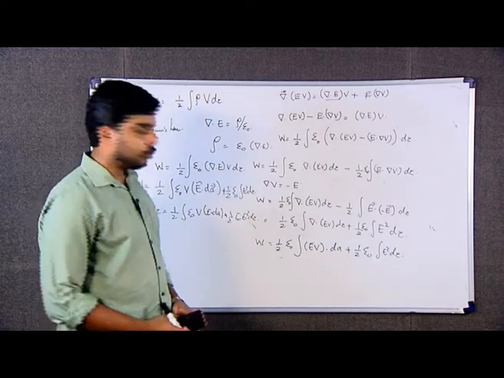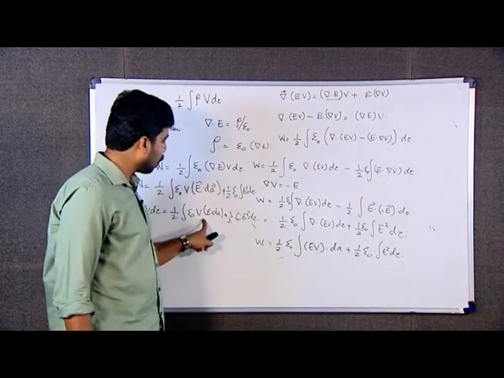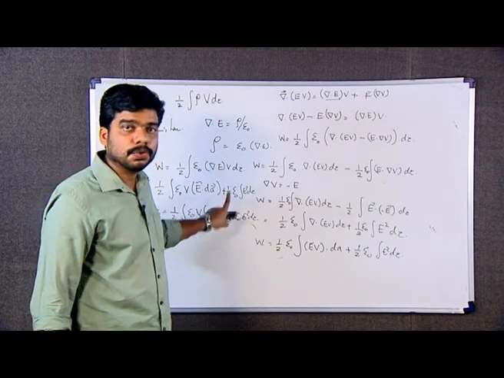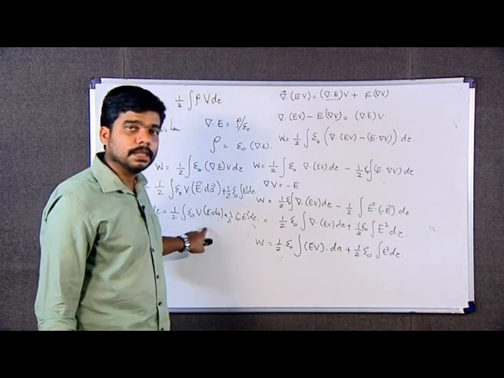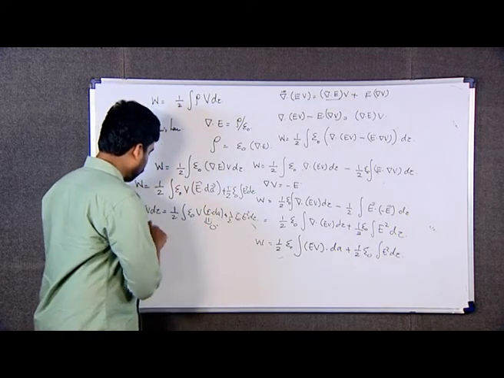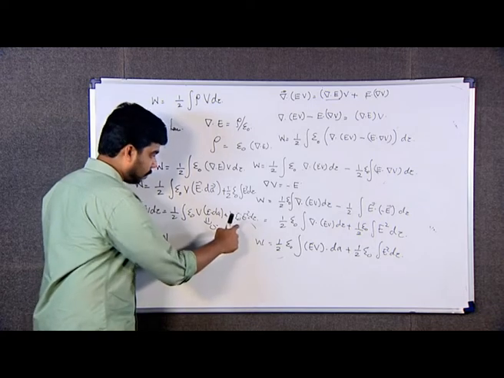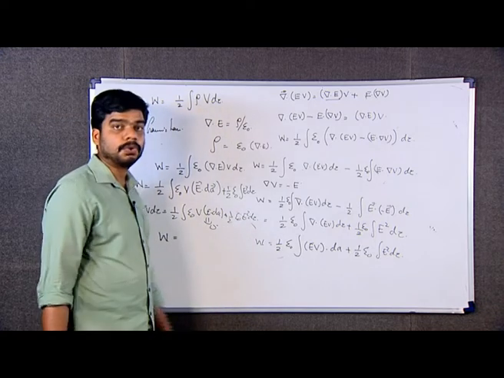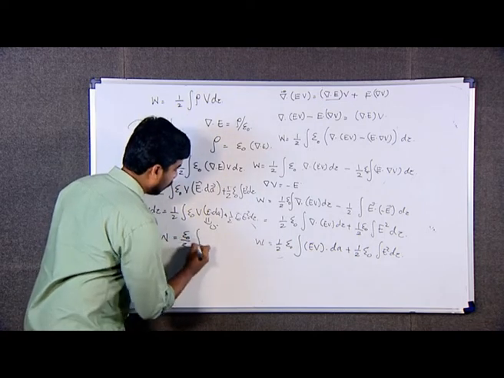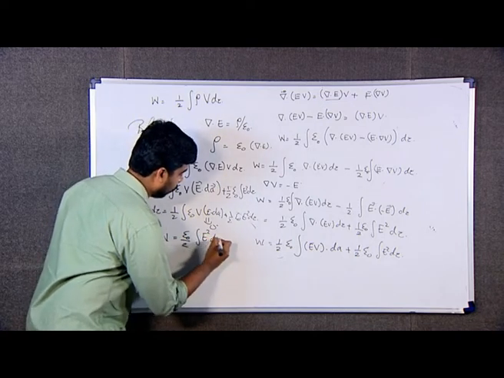If you integrate this surface term, it varies as 1 by r square. If you integrate over more and more space, this term will vanish, and around the whole space only the other term will survive. So W is equal to epsilon 0 by 2 into integral E square d tau.